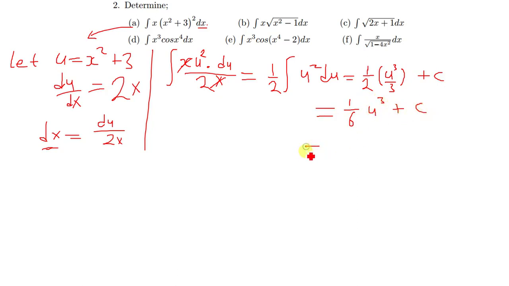Where there is u there, we know that our u is nothing but x squared plus 3. So you just have to replace it there. So it's going to be like that: x squared plus 3 raised to power 3, and then you add c.